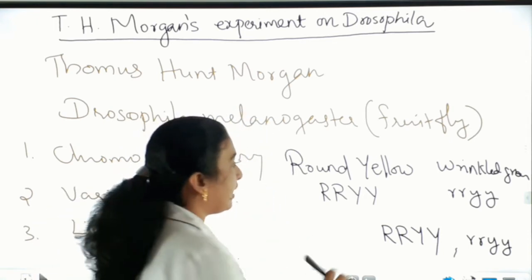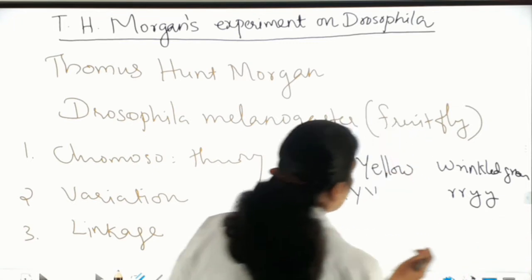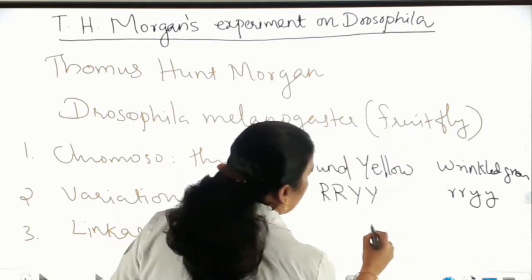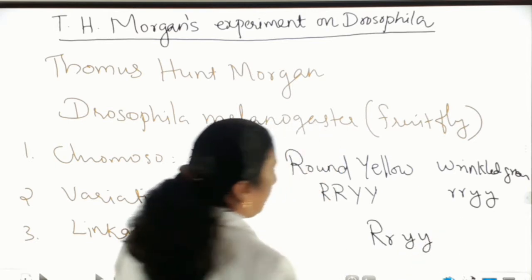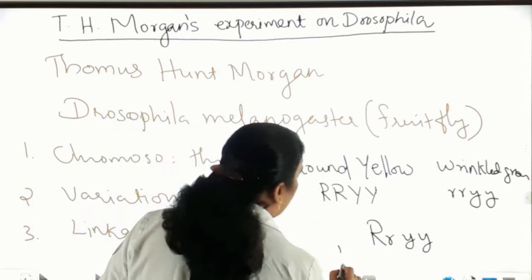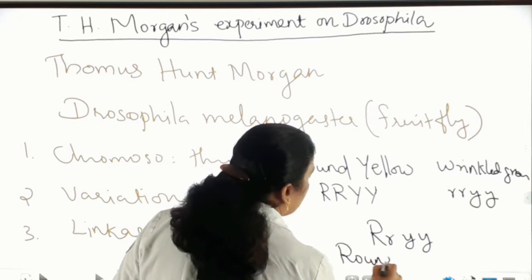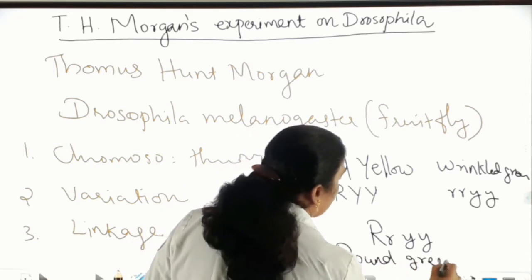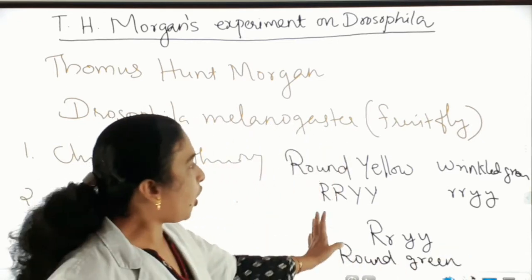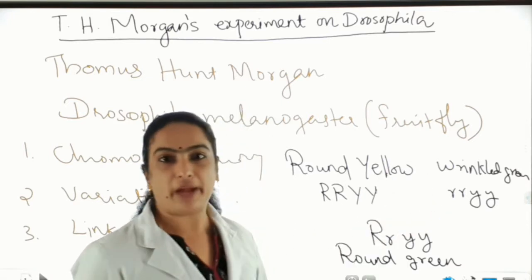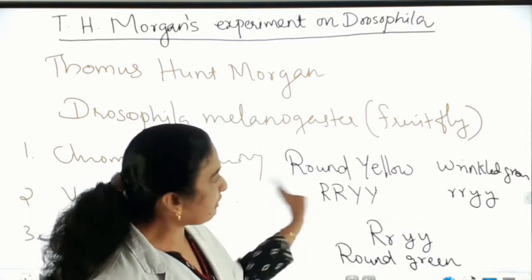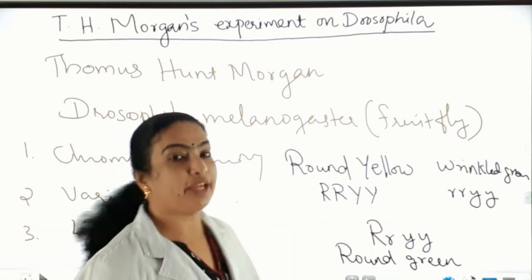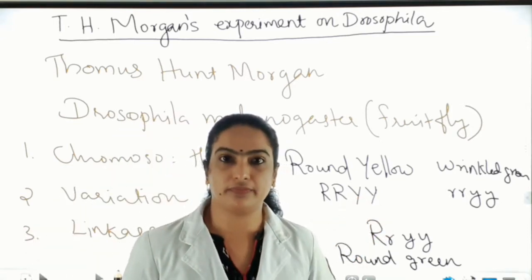At the same time, we have some offspring with this genotype, that is round green. Am I right? That means a combination of two parents. So the genes are reshuffling here to form a new combination.